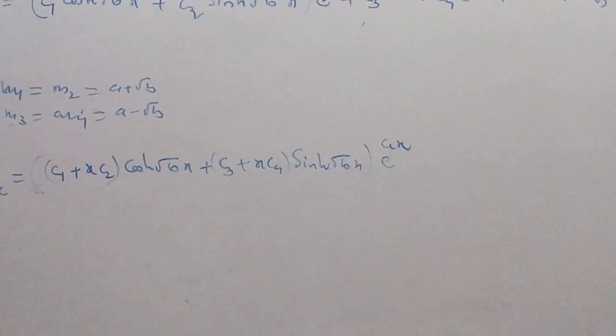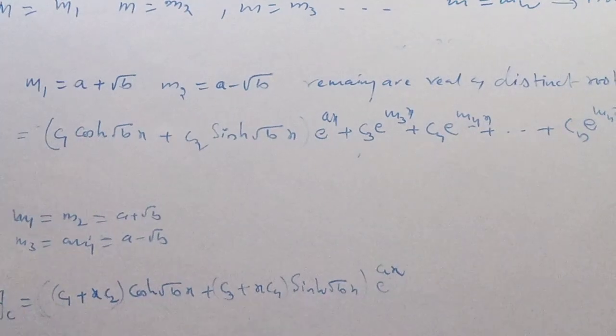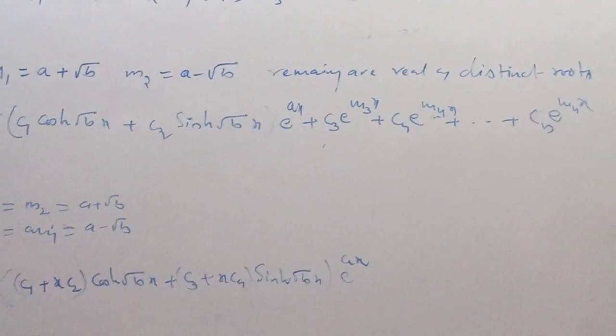And suppose the remaining roots are real roots, then you write like this: c5 e to the power of m5x and so on.